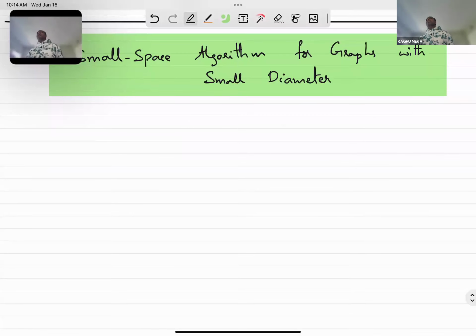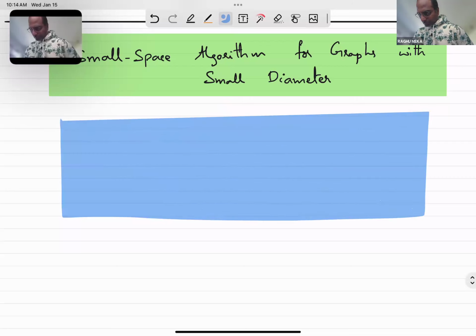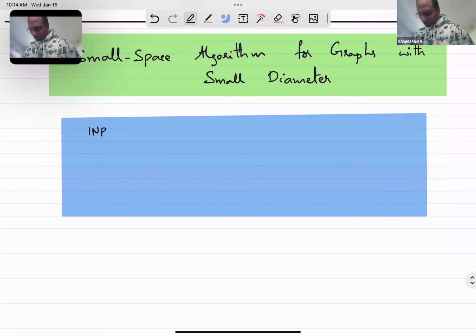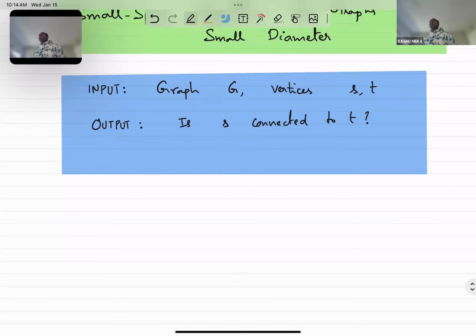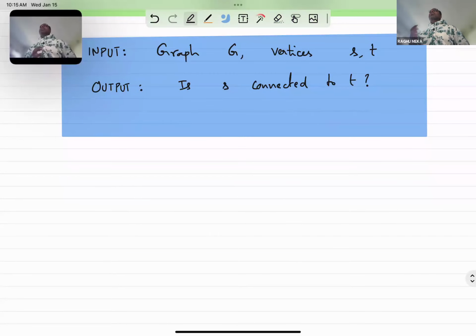So imagine I give you a graph and I tell you either, okay, so this is the same undirected ST connectivity problem, but now imagine I also give you a promise.